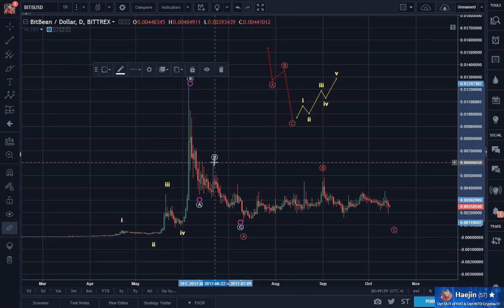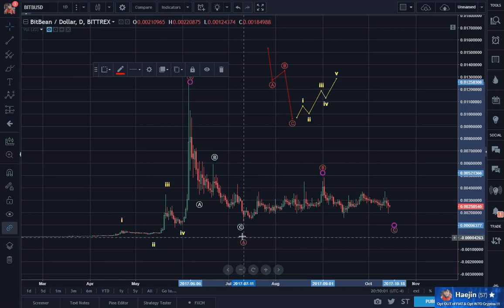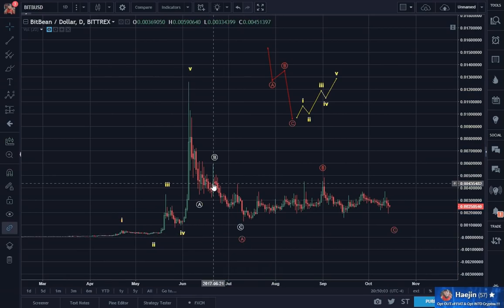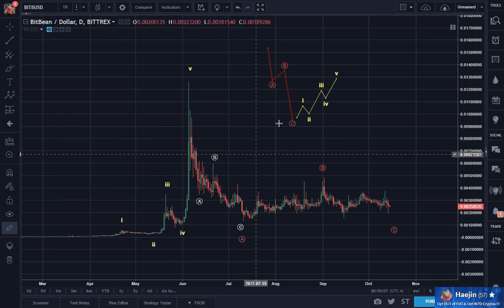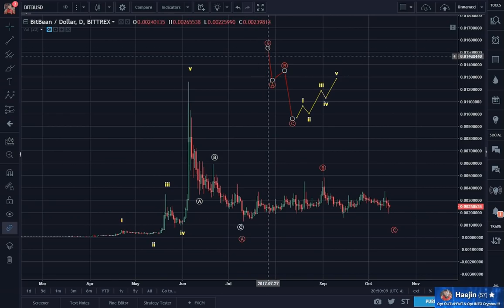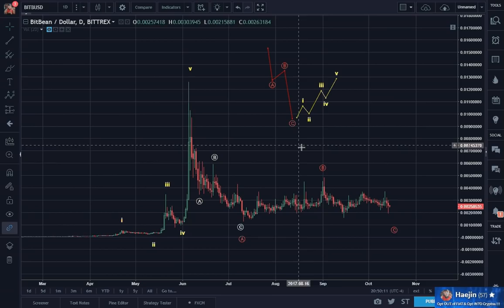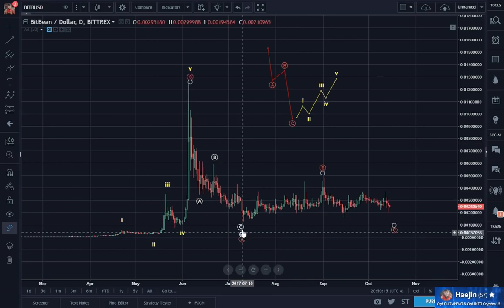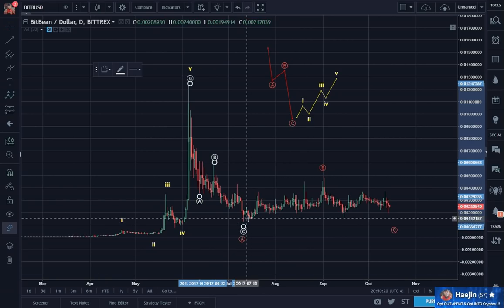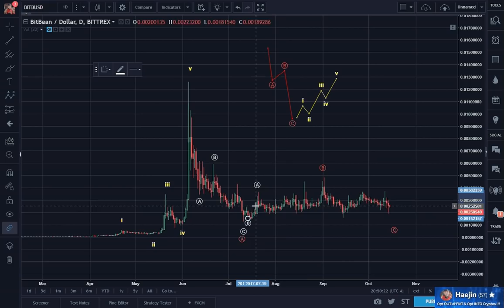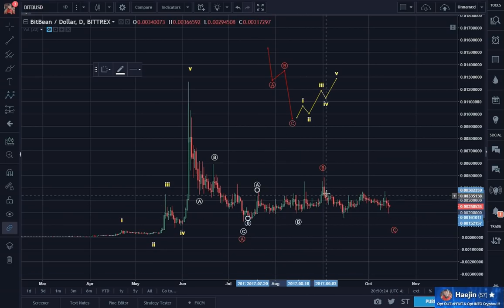So a red must have subwaves of an ABC itself, because it's a corrective wave. This has to be A, B, C. So B must have also A, B, C subwaves.